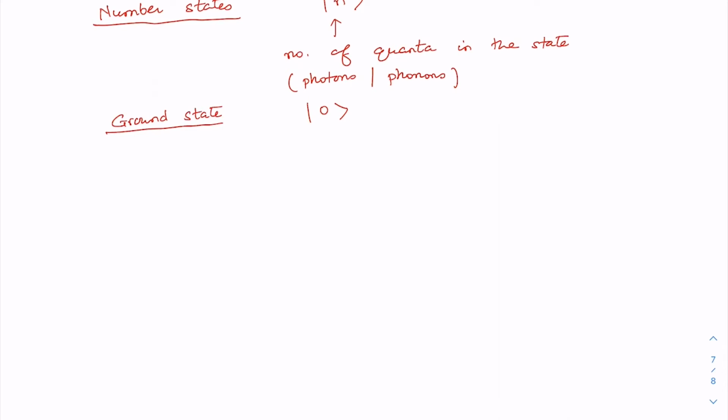Now I'm going to talk about one very important class of states, called coherent states, and these states are particularly useful for optical radiations, and they are represented by ket alpha, and we'll see that these coherent states are nothing but displaced ground states.